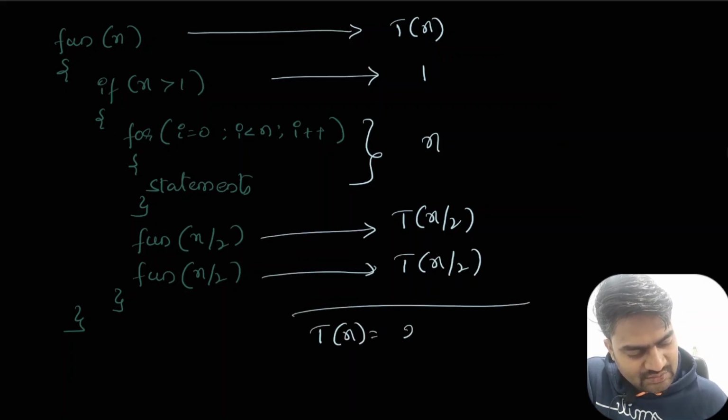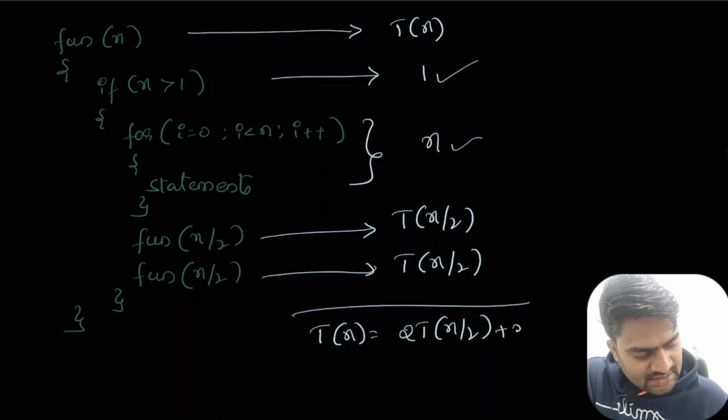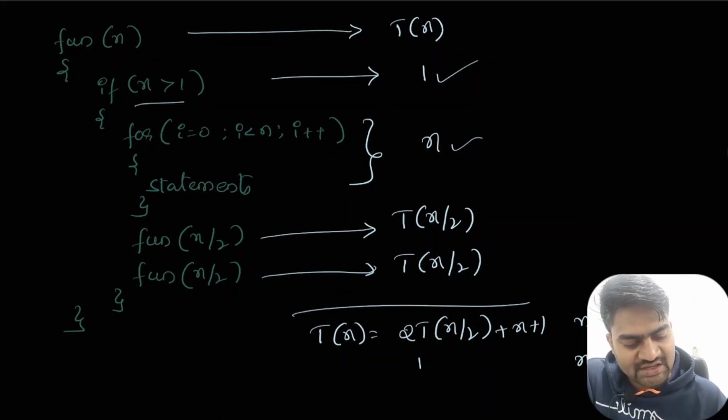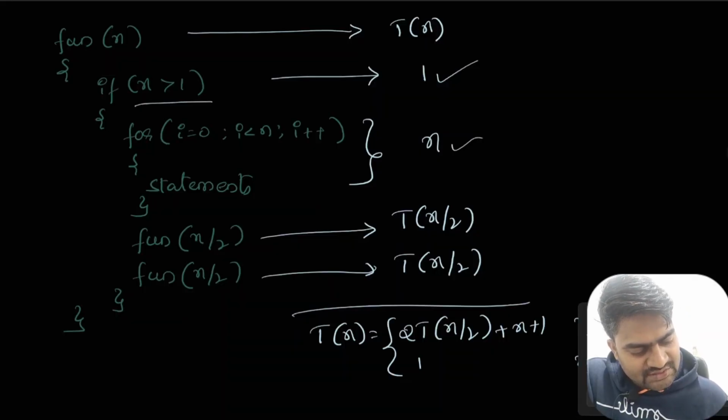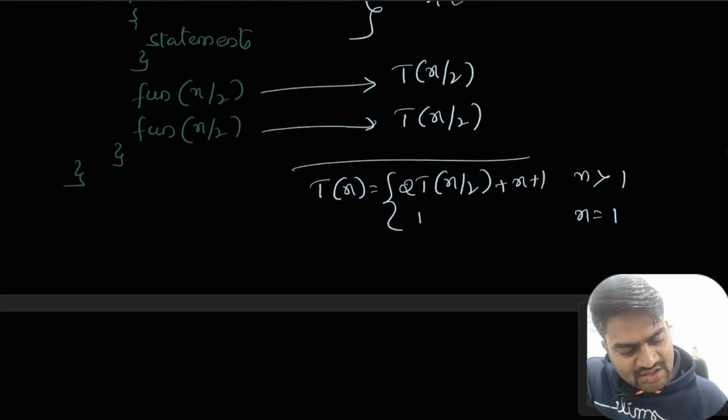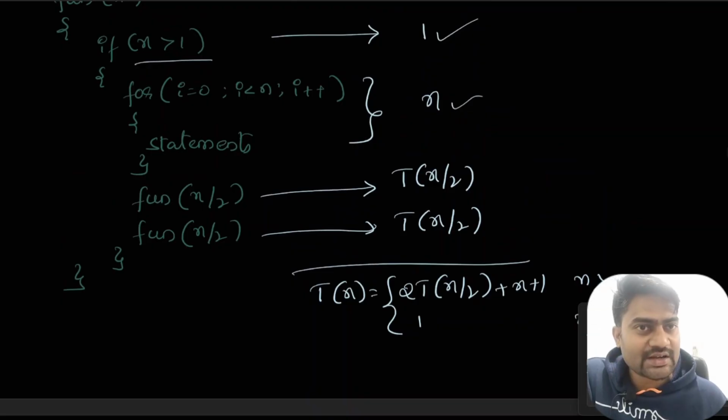It is equal to 2 t of n by 2 plus these two, n plus 1. This is when n is greater than 1, and once n becomes 1, this will be simply 1 because it will simply check this condition and it will stop there. Okay, so this is the recurrence relation for this particular function.